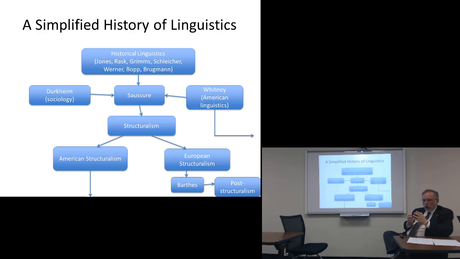And so he thought about it for a long time, and he taught a course for his very advanced students. He had like 10 students in his class, and he died in 1913, I think.